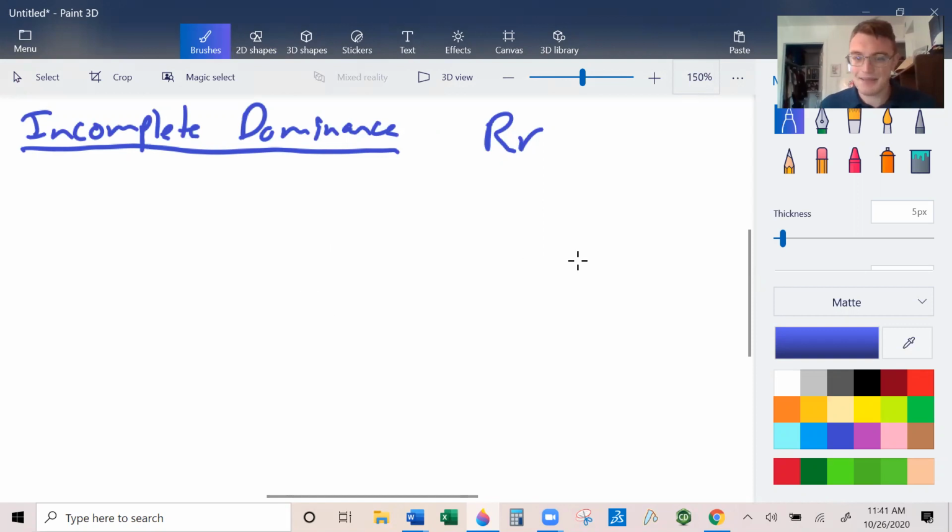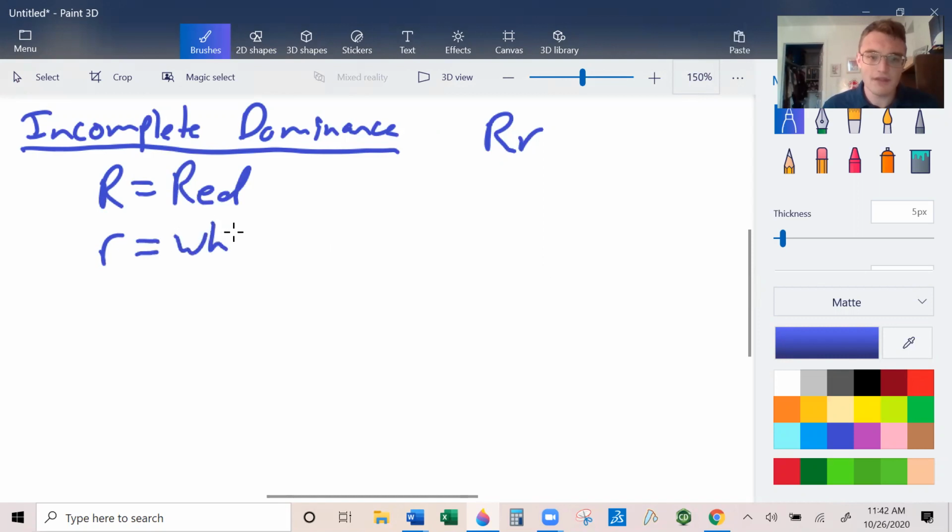The classic example, again with flowers, for incomplete dominance, is if we say big R is equal to red flower color, little r is going to equal white flower color.